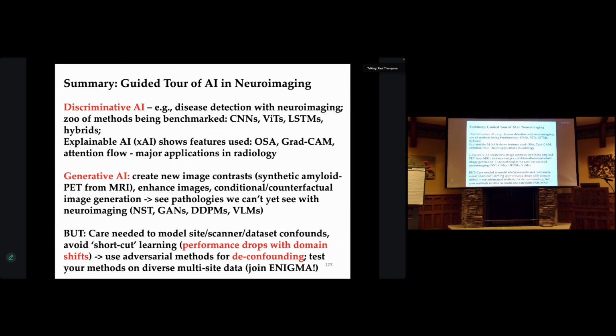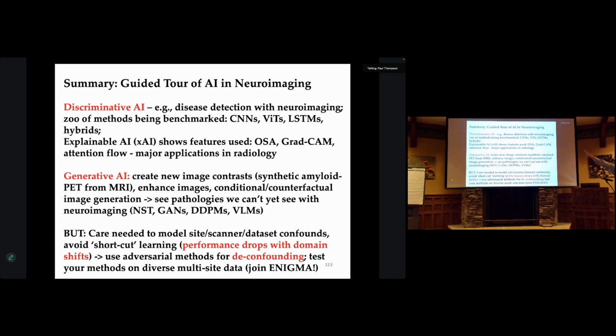So anyway, thanks for coming on the guided tour of AI in neurology. We talked about two branches of AI in neurology. So discriminative AI, for want of a better term, might be doing disease detection with neuroimaging, and there's a zoo of methods. You don't have to make them from scratch. They're all on the internet. You can download them and try them. There's a zoo of methods being benchmarked.